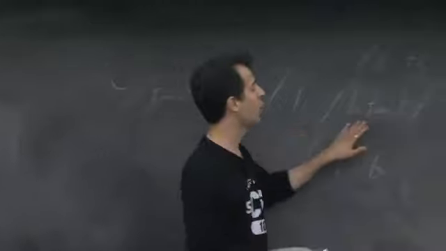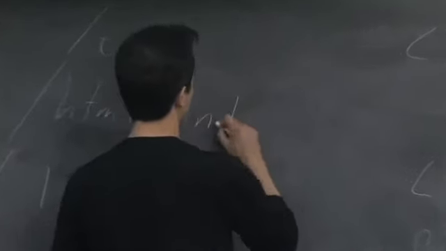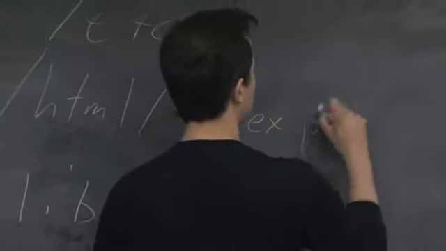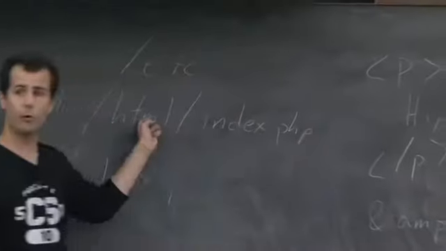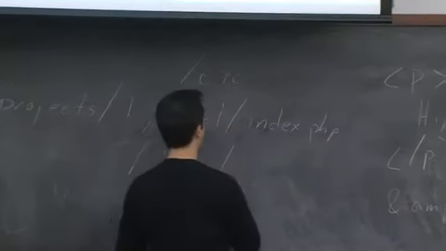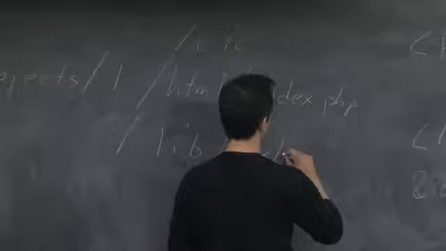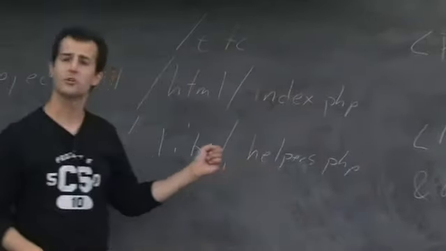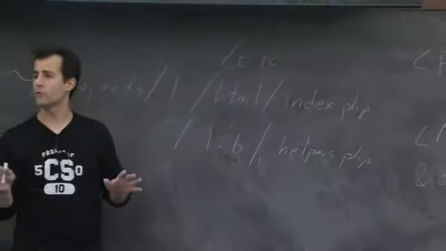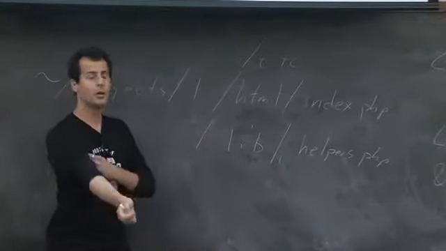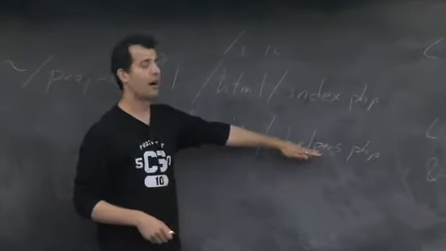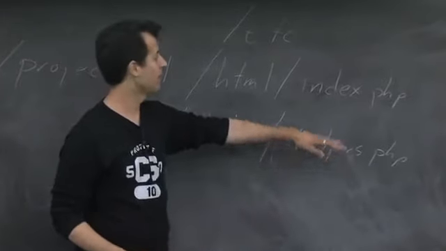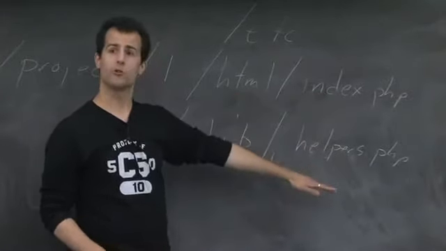So if you have something called, for instance, index.php, as you probably will in your HTML folder, and suppose you have a file in lib called helpers.php, and the point of this file is just to have a bunch of functions you wrote that you want to be accessible all over the place, so you wanted to put them in one place. Well, if you want to be able to access functions in this file from this file, they're in different subdirectories.